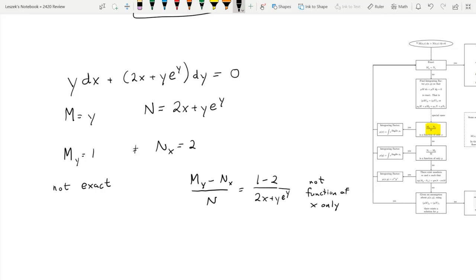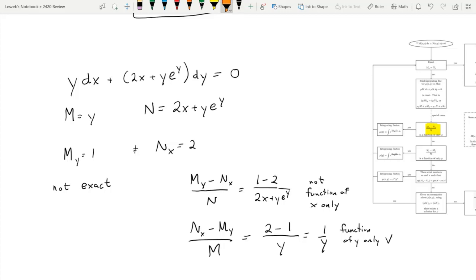So we don't have that special case. So now let's flip that around. Yeah, it's a function of y only. Okay, good.